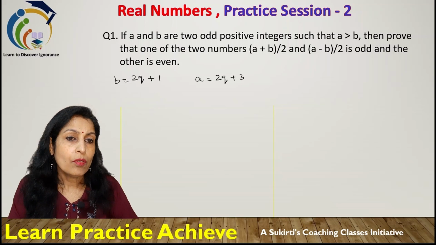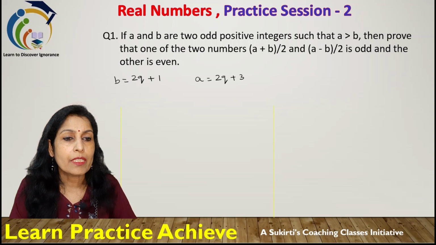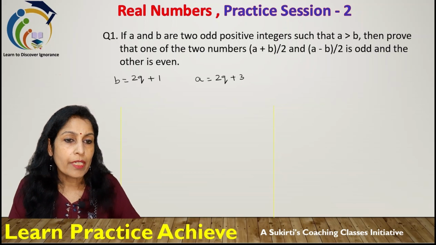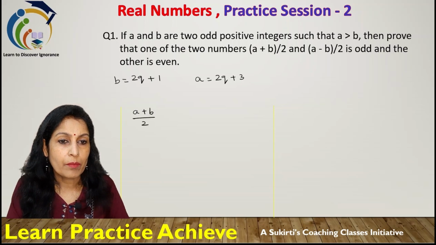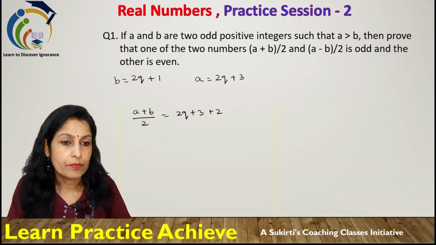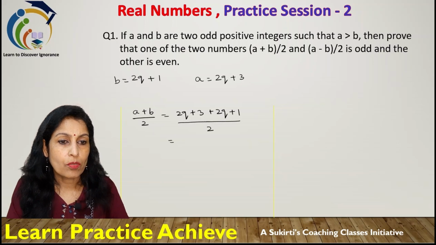Now for one of the two numbers, (a plus b)/2, we have to prove whether this number is even or odd. So we will take the values of a and b here. (a plus b)/2 can be written as (2q plus 3 plus 2q plus 1)/2. So this is equal to (4q plus 4)/2.